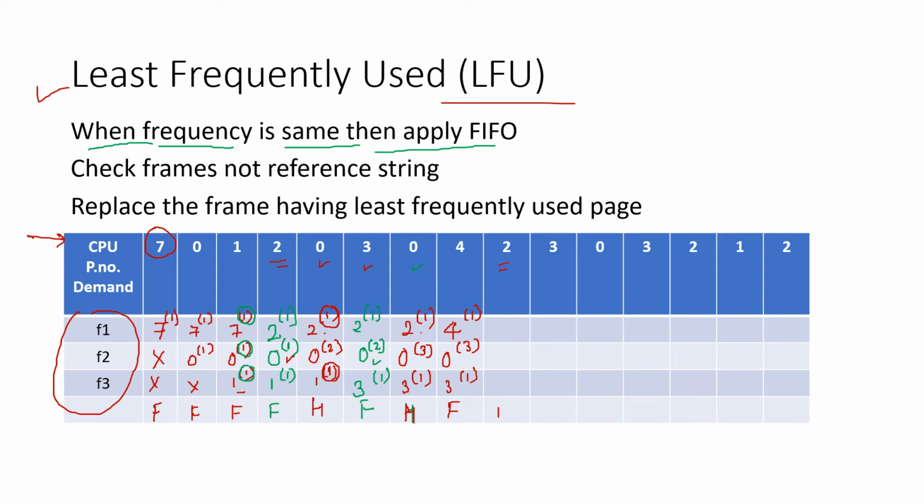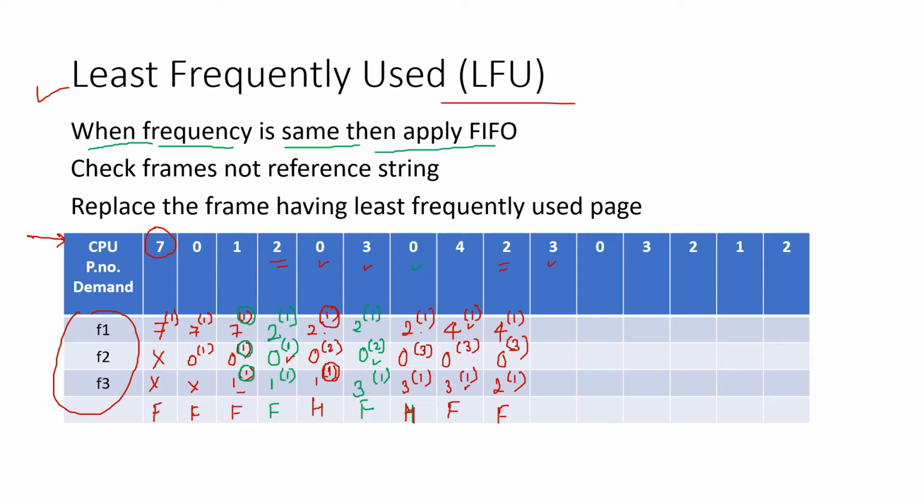Next is 2. So this is a fault again. Which will you replace? You will replace 3, right? Because this and this frequency is the same, you have to go for FIFO. So this will be 0, 3, and this will be 2 raised to 1. Now next is 3. Which one here, 4 and 2? 4 has entered here, 2 has entered here.